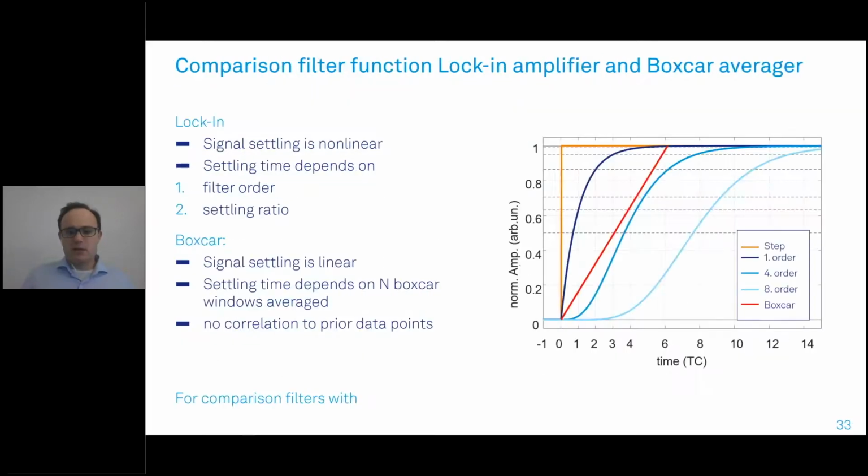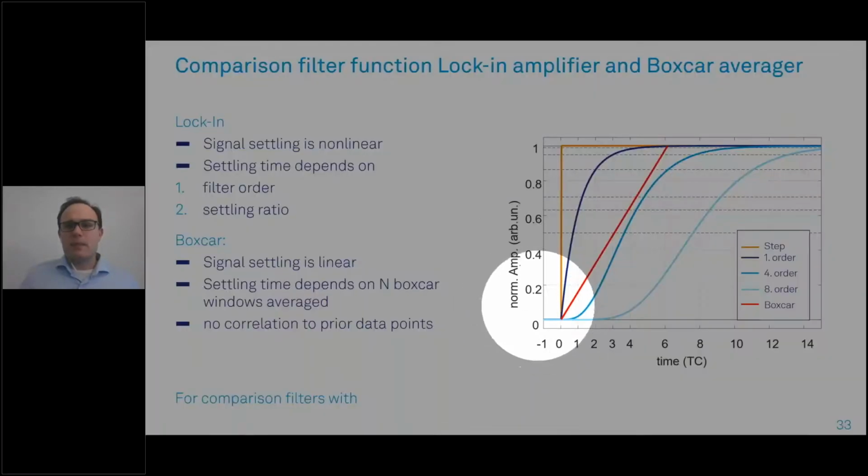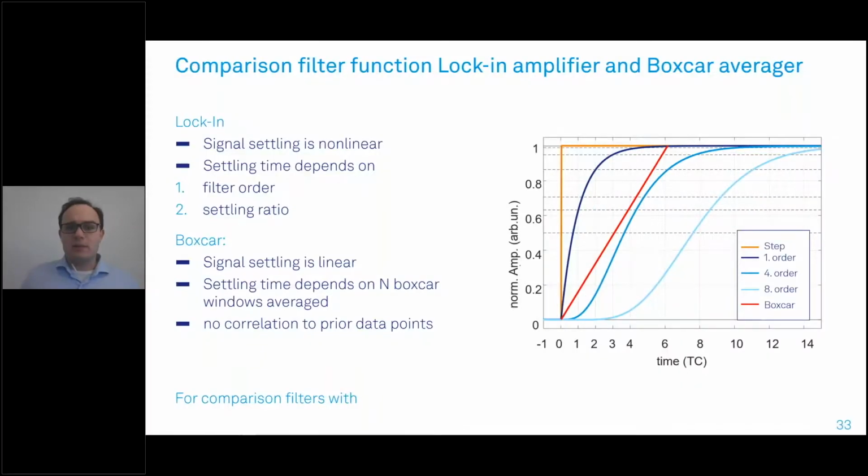And now let's also have a look at how the filter settings for the lock-in amplifier and the boxcar averager compare, because they already do something fairly similar at that point. The lock-in amplifier, we already discussed quite a bit. The signal settling is nonlinear, and the settling depends on the filter order and on the settling ratio, or the filter bandwidth.